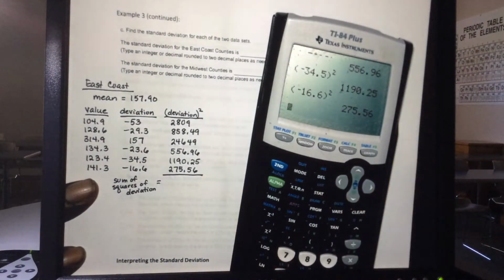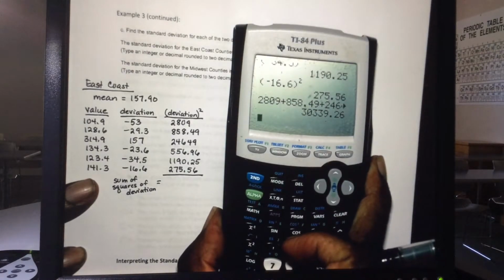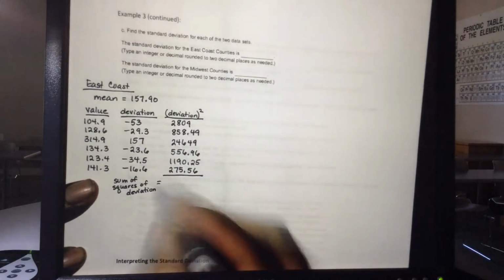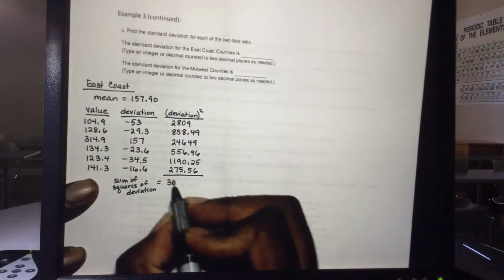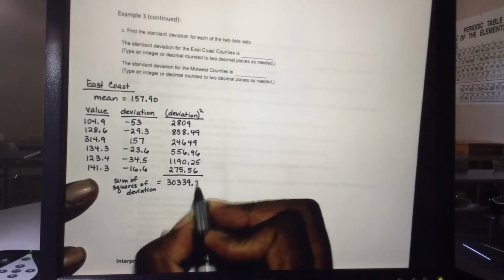So 2809 plus 858.49 plus 24649 plus 556.96 plus 1190.25 plus 275.56. That total is 30,339.26. That's the sum of the squares of your deviations.